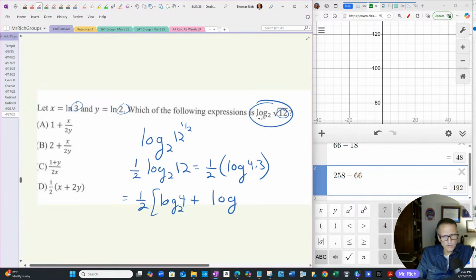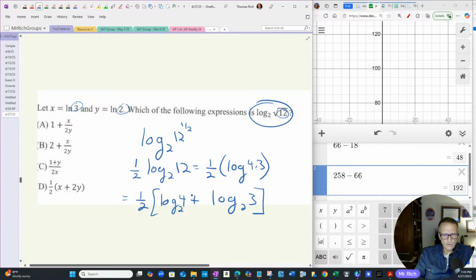This is natural log, but yet that's log base 2. That is pretty interesting. So I can break it apart like this. No, I think we can do this.